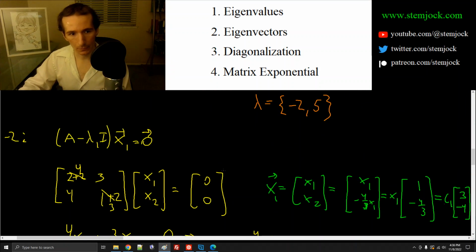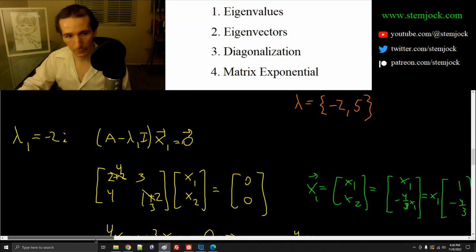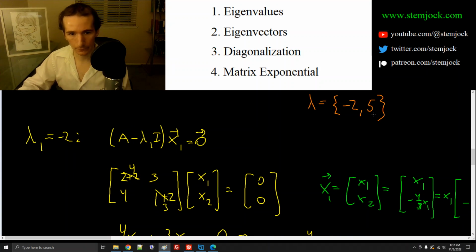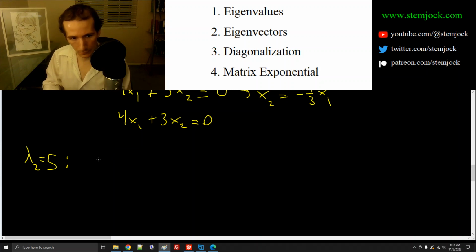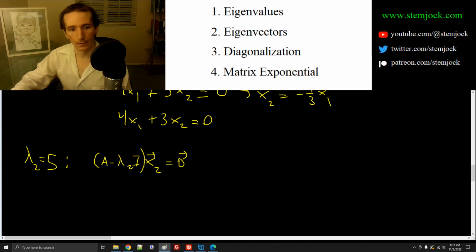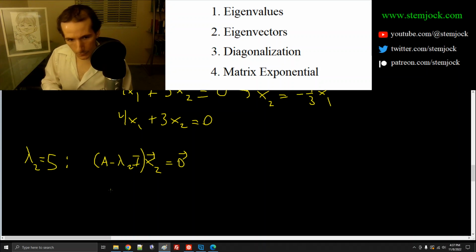Now, to go about finding the second eigenvector, we look at lambda 2 equals 5. And we're going to consider the same equation: A minus lambda 2 I times x2 equals 0. So now our matrix here is 2, 3, 4, 1.